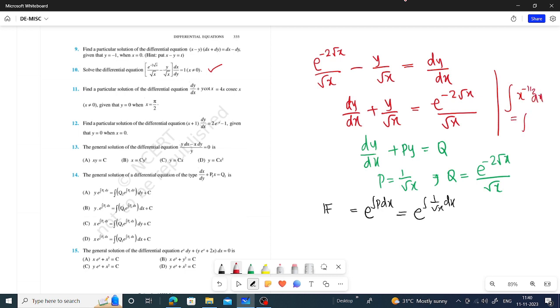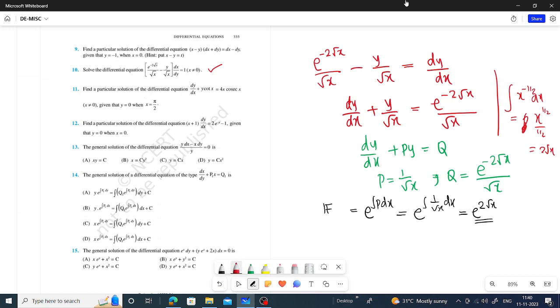That is equal to x raised to minus 1 by 2 plus 1, that is 1 by 2, divided by 1 by 2. That means 2 root x. So the integrating factor is e raised to 2 root x.